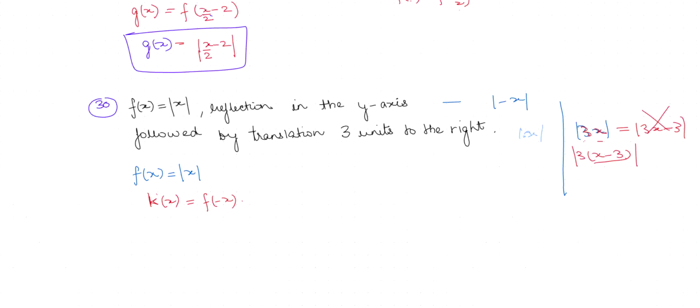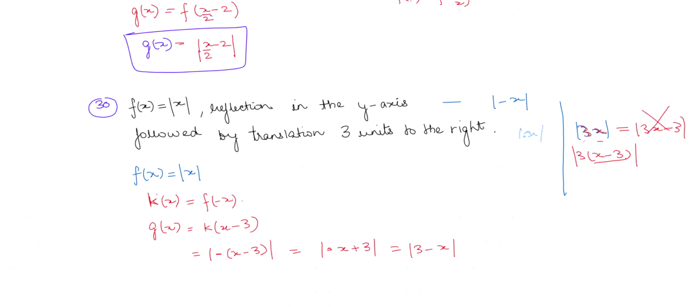And then g of x would be k of x minus 3. So basically this would give us minus x minus 3. Okay, so this would be minus x plus 3, or we can say 3 minus x.